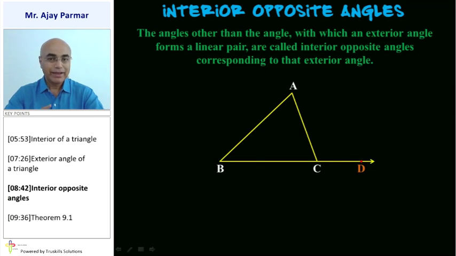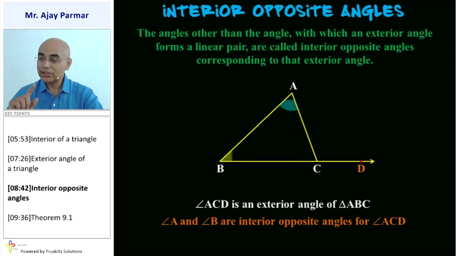Now we know that over here angle ACD forms linear pair with which angle? Angle ACB. Then over here we will say that exterior angle is angle ACD, and that exterior angle ACD does not form linear pair with angle A and angle B. So angle A and angle B are the interior opposite angles for angle ACD.